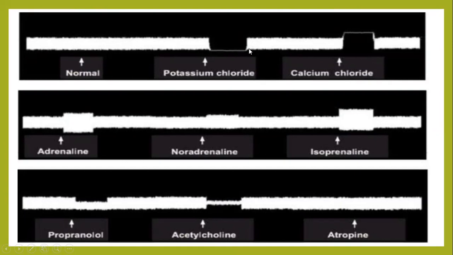Then there is again a normal graph, then we inject calcium chloride and we get a straight line, but an elevated straight line. What this elevation means is that the upper part of the graph represents systole, and the lower part represents diastole. Always remember, this will be the systole and this will be the diastole.